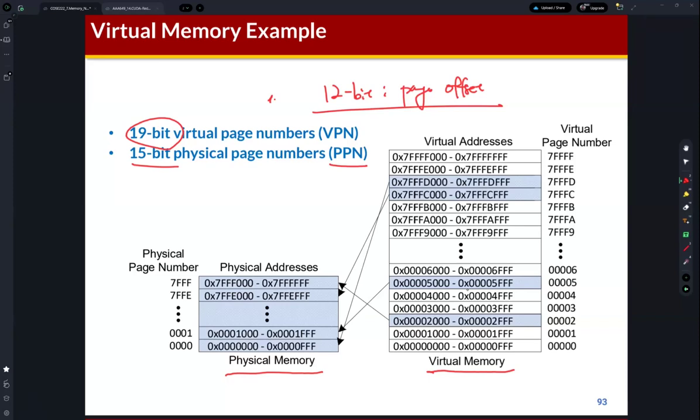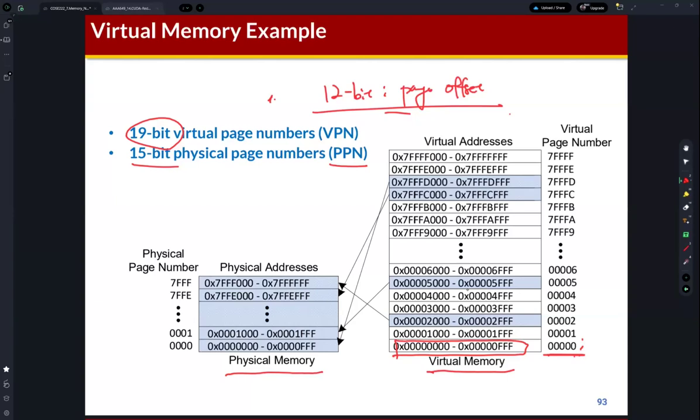Okay, so you can find the virtual page number here, right? Like from 0 to 1111, and you can also find the range of each page. Because the page offset occupies 12 bits of the virtual address, this is a 3-digit hexadecimal number, right?